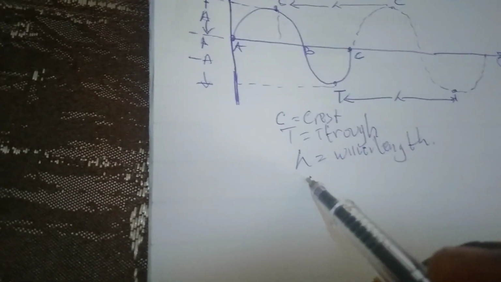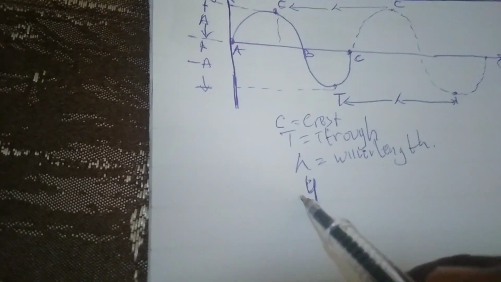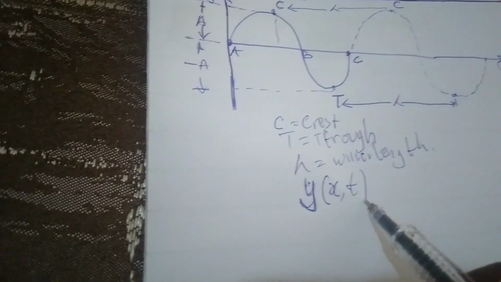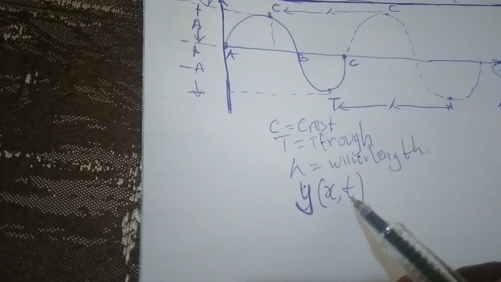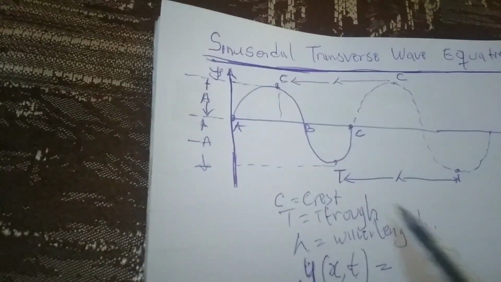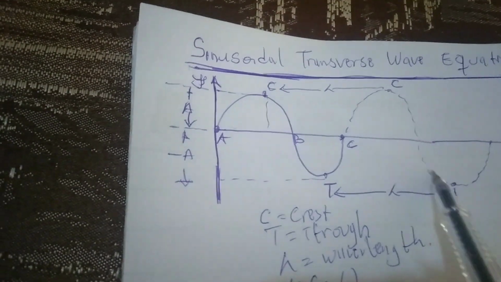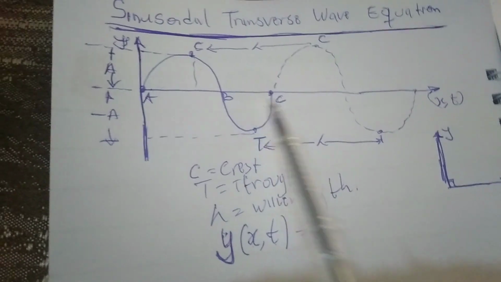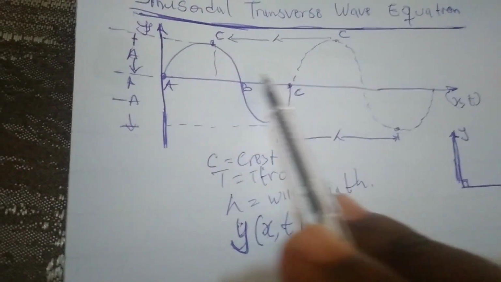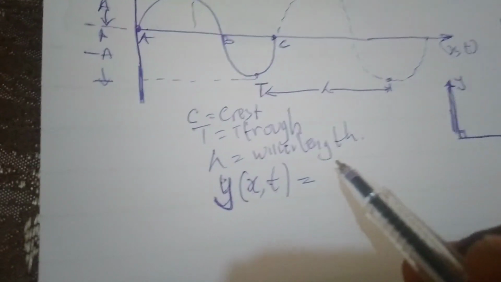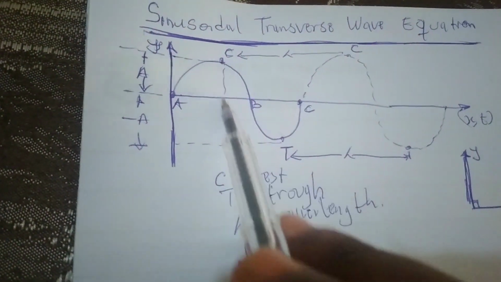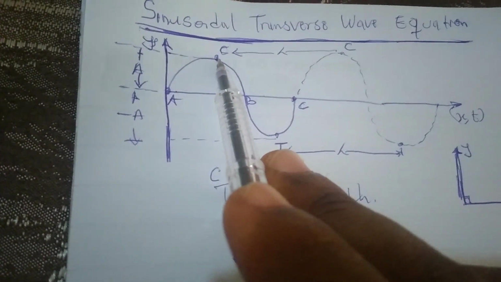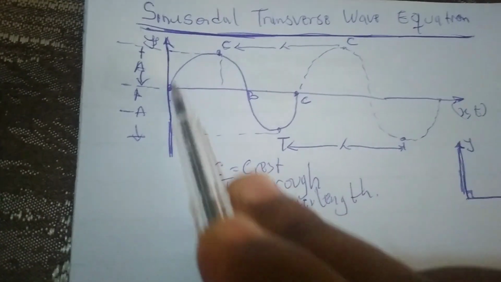Now, we have a function y. This particular displacement is a function of the horizontal displacement x and the time. So it's like a displacement-time function. Because the wave we are referring to here takes that of the sine graph, the equation of a sine wave is given as the amplitude of that wave, the maximum displacement of that particular graph, which is this A. If you look at this maximum displacement and trace it to this place, that's the amplitude.